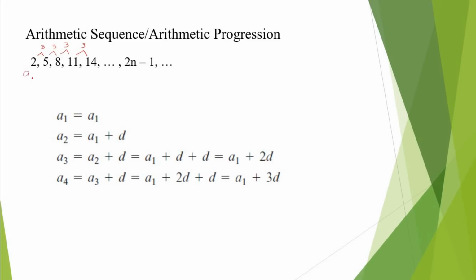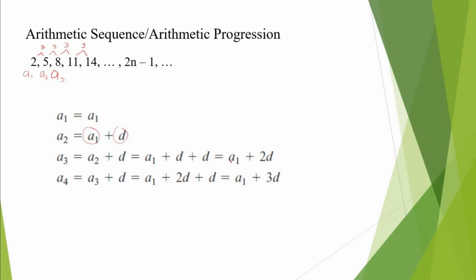A1 being equal to 2, A2 is equals to 2 plus the difference 3 equals to 5. So it's similar here. We have this expression. This is our A2. And our A3 is equal to A1 plus 3 plus 3, so we have 2D, A1 plus 2D.